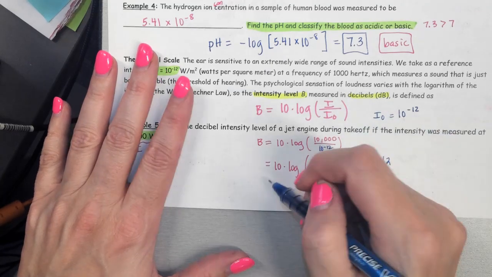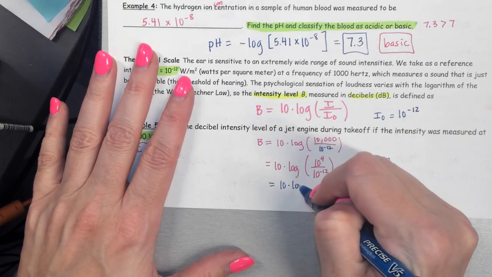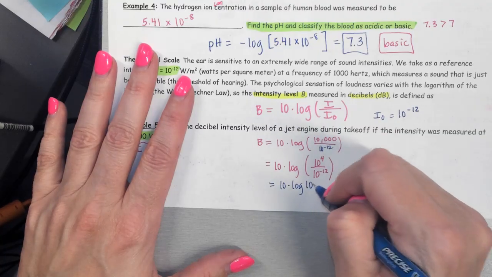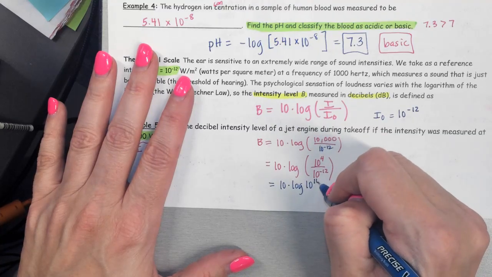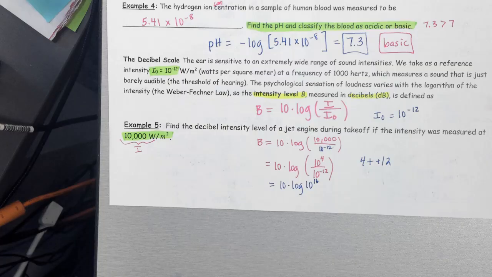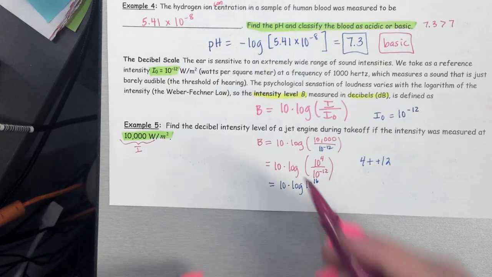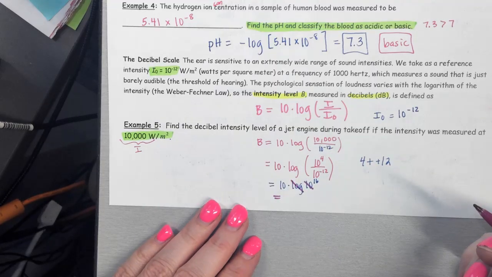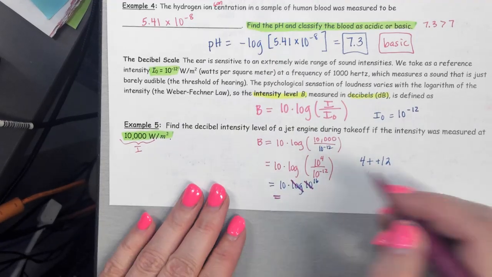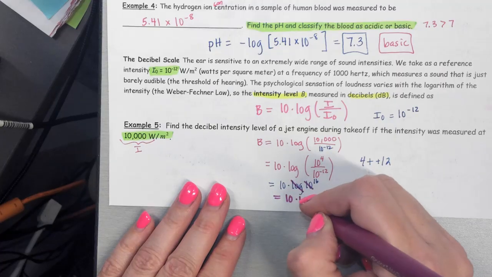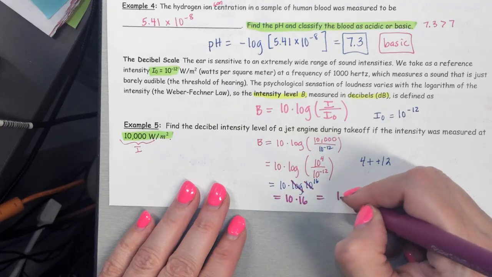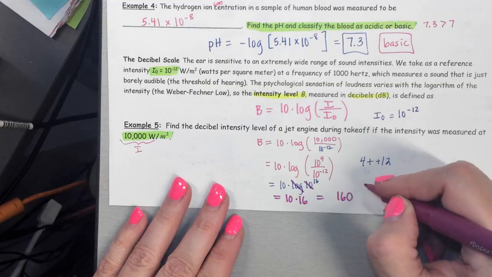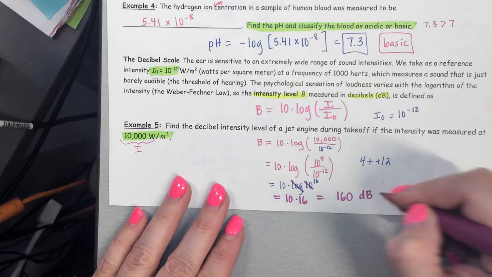So it would be 16. So if you have 10 to the 16th, the log and the 10 are going to cancel. What happens to the 16? That'll be your power law, so it will go in front. So your final answer will be 160 decibels.